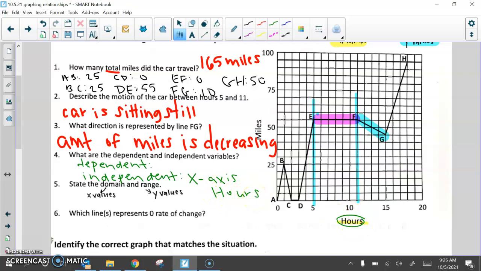A lot of the time, the independent will be a time. Hours, minutes, days, years, something like that is usually the independent. The dependent is the miles, because it doesn't matter how many hours I went, hours is going to continue, right? Time doesn't stop, but your miles can stop and go. It depends on your hours. And your miles is your y-axis.